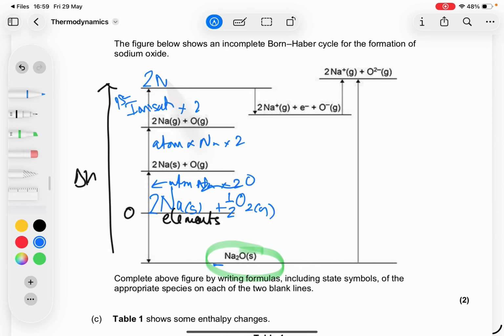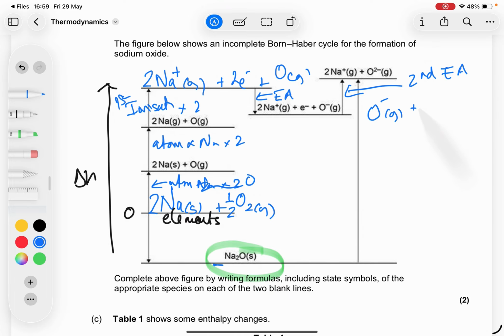So that means 2 Na plus gas and 2 electrons and O gas. Then the arrow goes down, electron affinity of oxygen, and then the second electron affinity of oxygen is always positive because O minus plus an electron becomes O2 minus gas, adding an electron to a negatively charged species means two negative species repel.